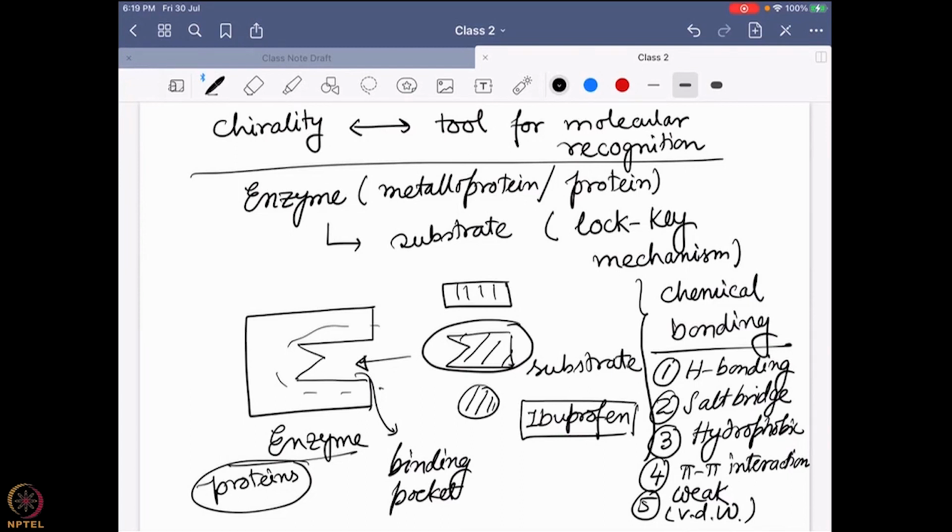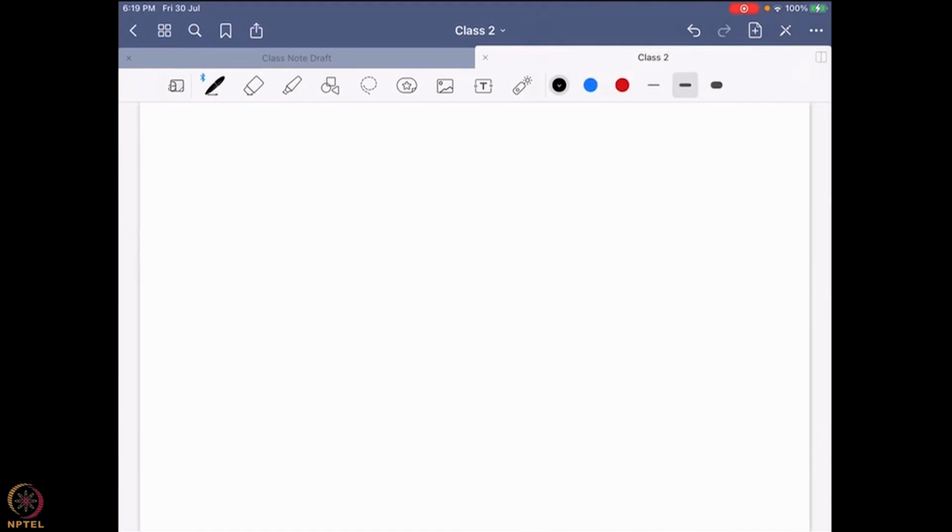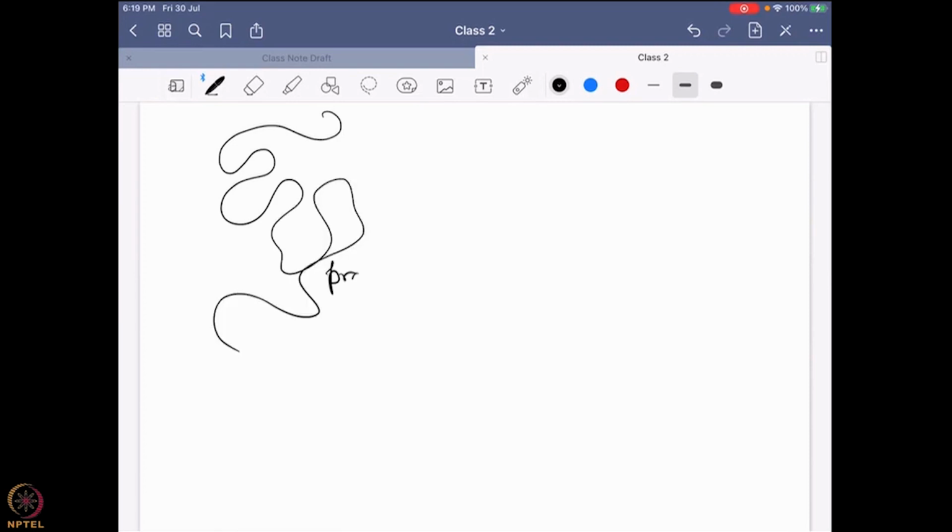Okay, so if not, we'll go to the next part. When we talk about this particular interaction, so I'm just saying for an example drawing a particular protein structure. It is not only a protein structure that always creates a particular binding pocket and binds to a substrate. There are some other helpful things also that come its way too.